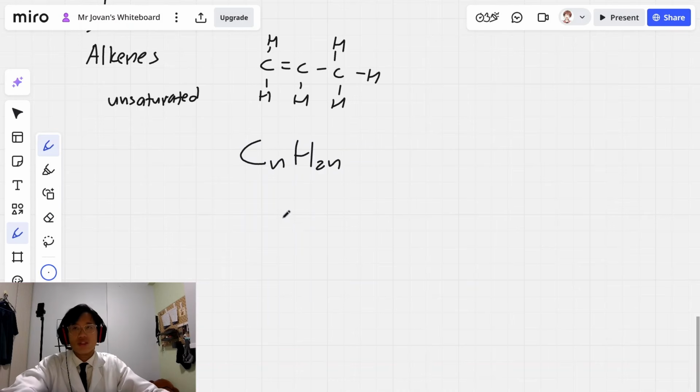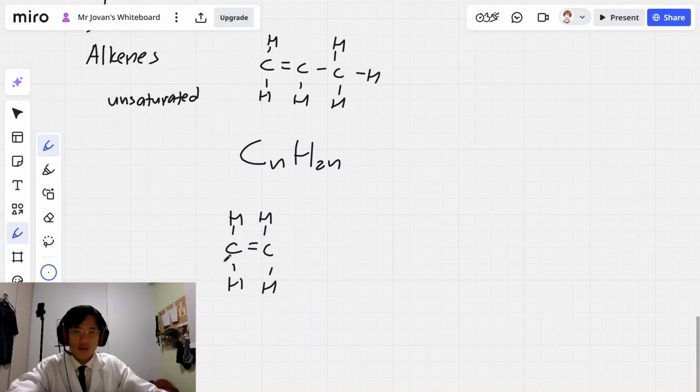Let's break it down so that we can forever remember this general formula. I'm going to write the most simple alkene now. Carbon, n. 1, 2. 2n, because on top and below, that's why times 2 of it. I'm going to draw the next one.